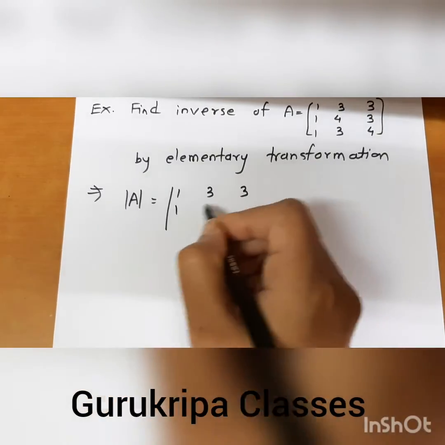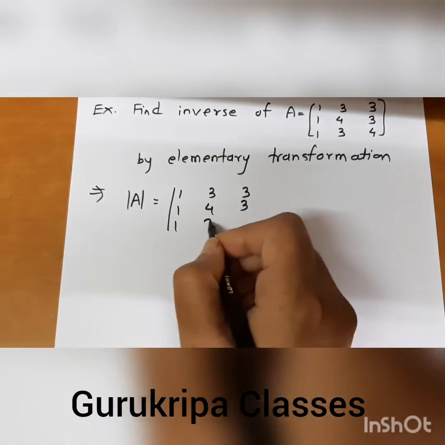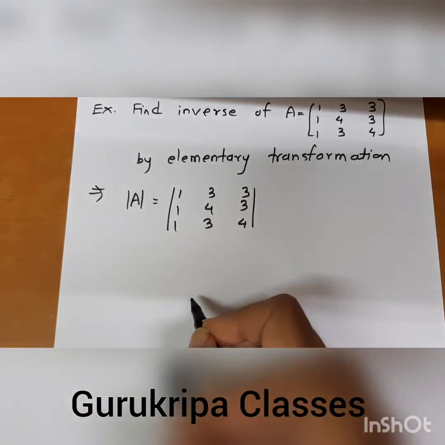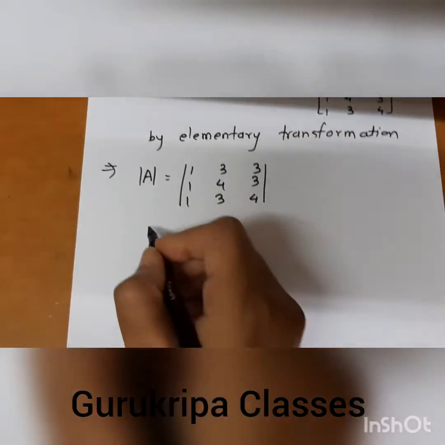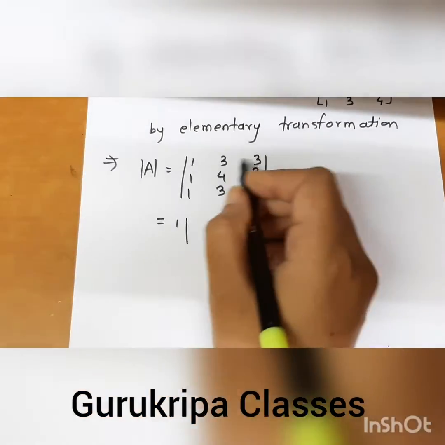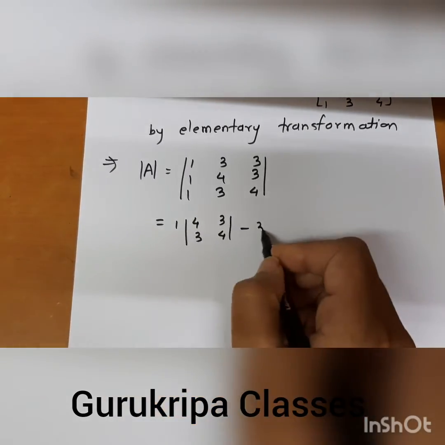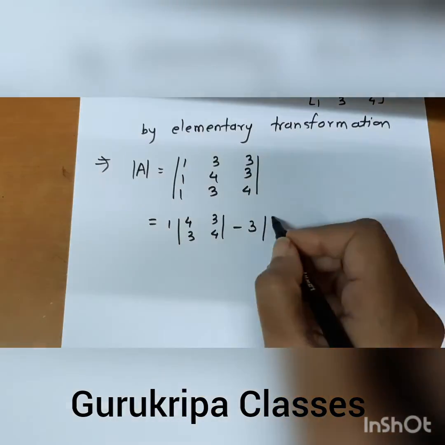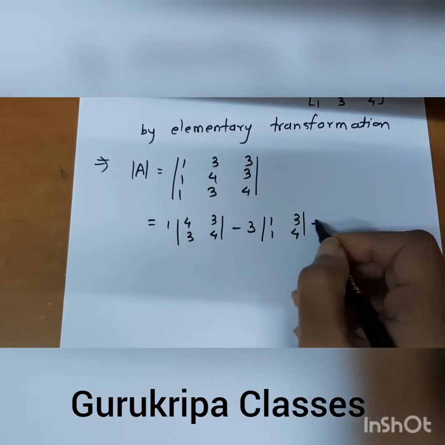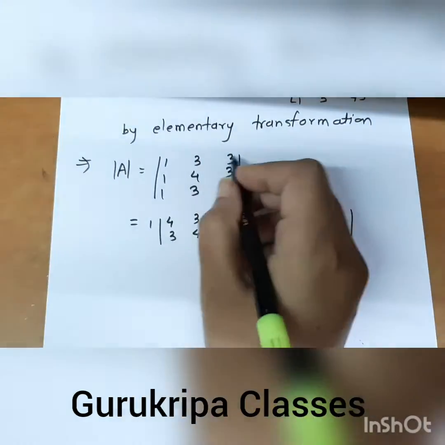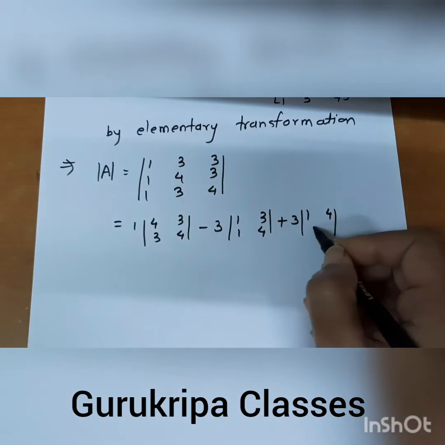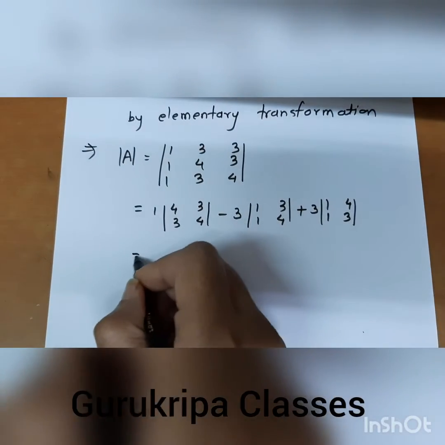Find the determinant: 1 times, delete this row and this column, 4 3 3 4, minus 3 times, delete this row and this column, 1 3 1 4, plus 3 times, delete this row and this column, 1 4 1 3.